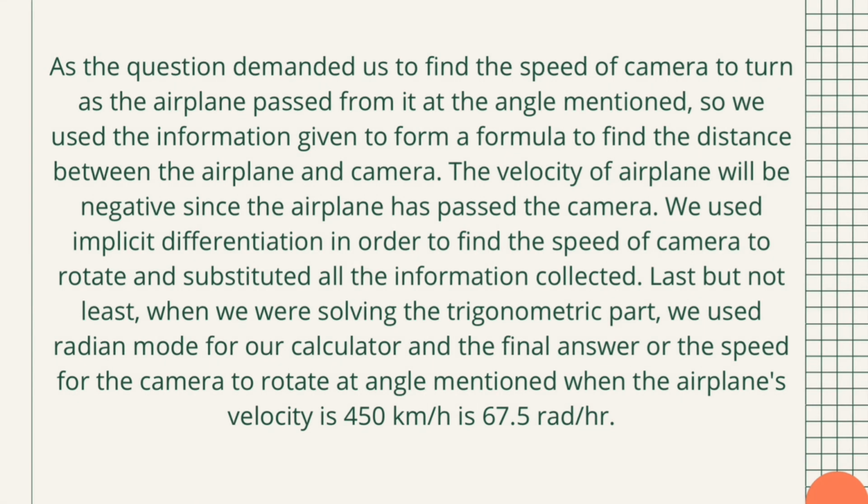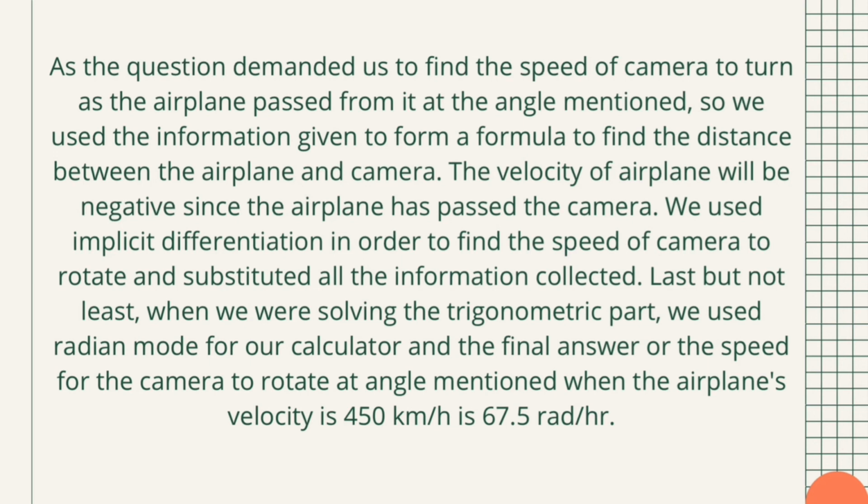Next, for the conclusion, as the question demanded us to find the speed of the camera to turn as the airplane passed from it at the angle mentioned, we used the information given to form a formula to find the distance between the airplane and camera. The velocity of the airplane is negative since the airplane has passed the camera.